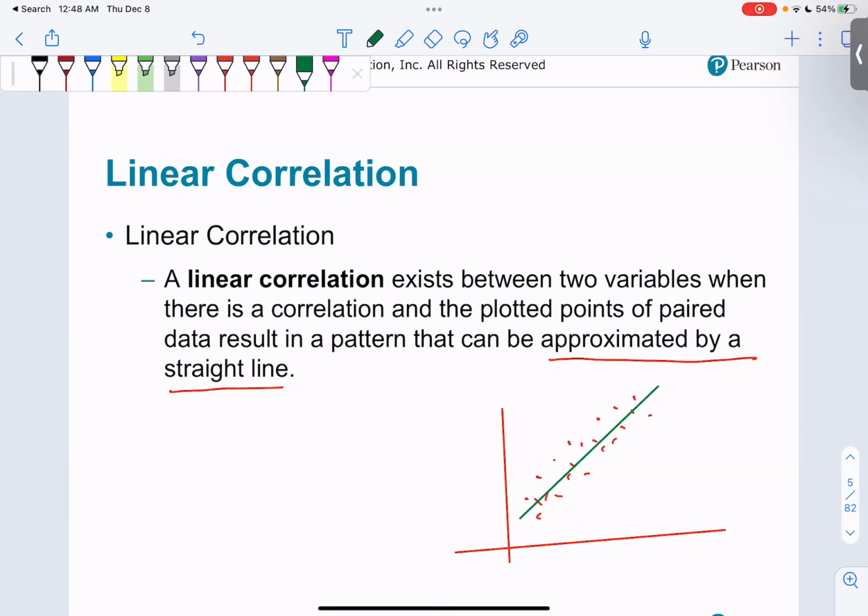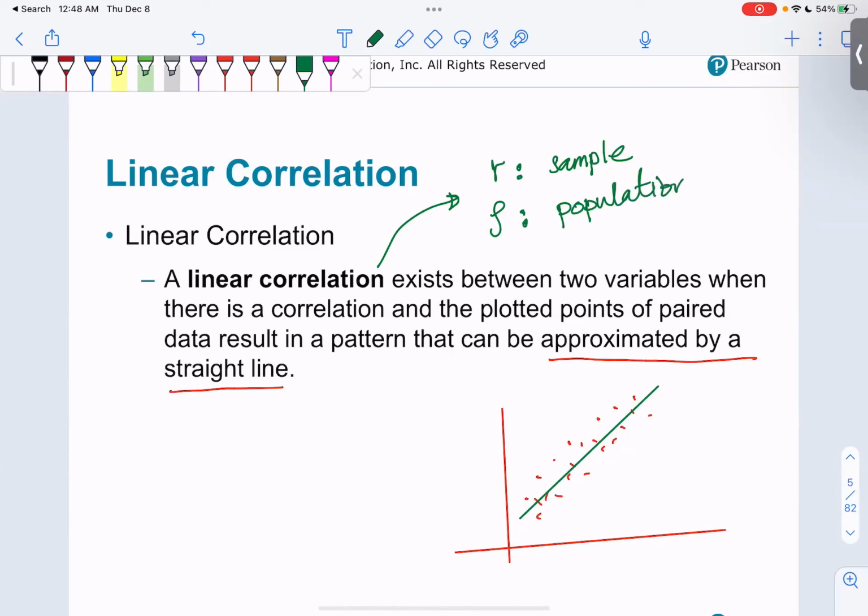So then we try to find numerically the value of that linear correlation. The linear correlation, we have two: R, which is the linear correlation for a sample, and then rho, which is the linear correlation for a population.